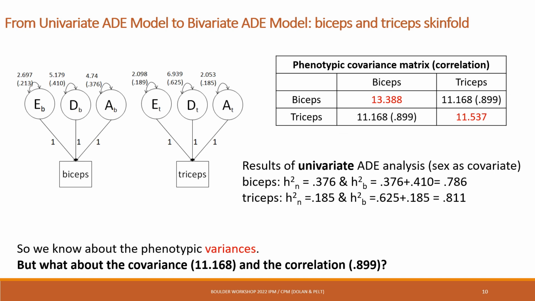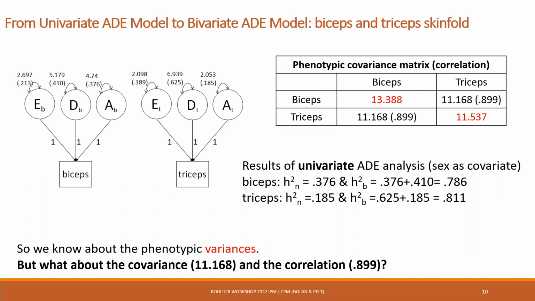These results show you the decomposition based on the univariate twin model of these variances. In the path diagrams, I've included the raw variance estimates and also the standardized variance estimates. So, for instance, the contribution of additive genetic effects to biceps is 37.6% of the phenotypic variance.